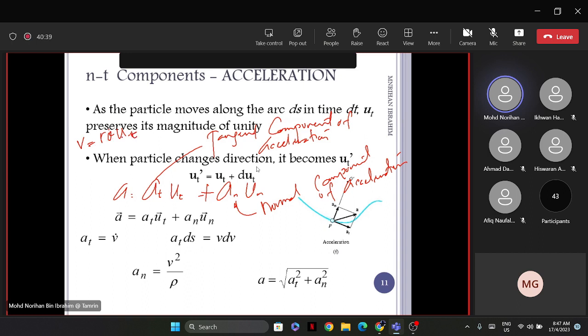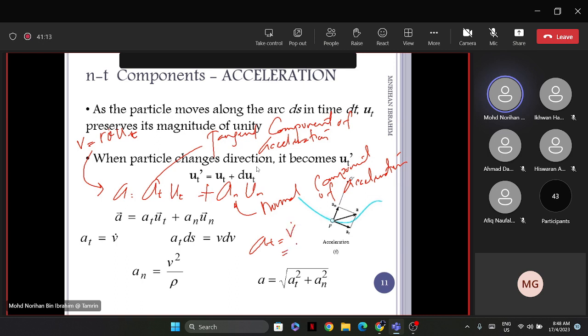So this is the velocity equations for this normal tangent coordinate systems. If we take time derivative of these velocity equations, at the end we can obtain the equation of accelerations, where at is equal to v dot.